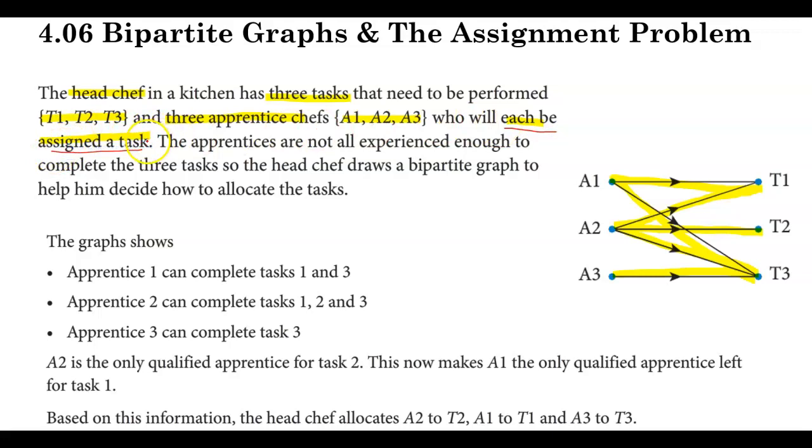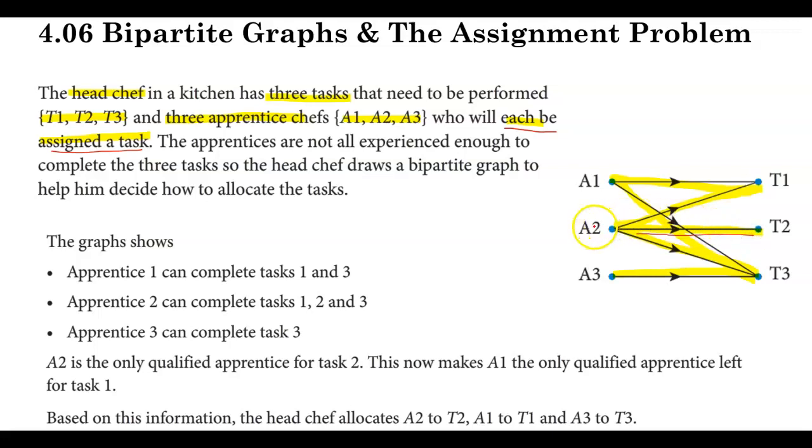That means only one person, one task. So which of these tasks can be done by only one person? So one very clear one is T2. T2 is the only task that apprentice 2 can do. So that means this would be the most suitable one for apprentice 2 to perform.